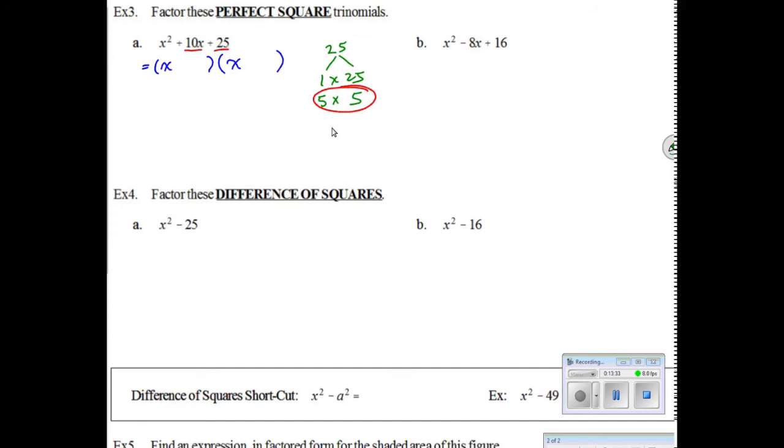So let's just write that down just to be sure. We think it's 5 and 5. So let's just make sure one last time. So you're going to write 5 plus 5 is equal to 10, and 5 times 5 is equal to 25. Perfect.